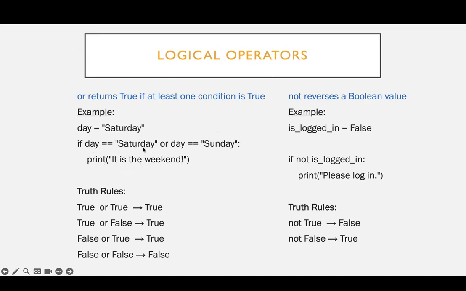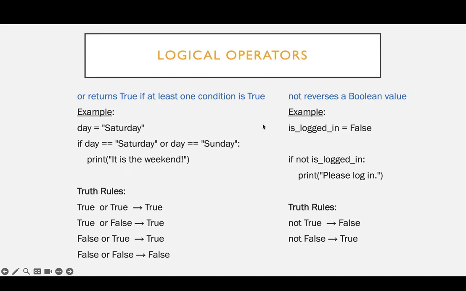No matter whether it's Saturday or Sunday, in this case it evaluates to true, and then we'll be printing that out. This is the truth rule for or, right? As long as one of them is true, the or result is true. If both of them are false, the or result will still be false. So if it's not Saturday and not Sunday, then we're not going to print that out.